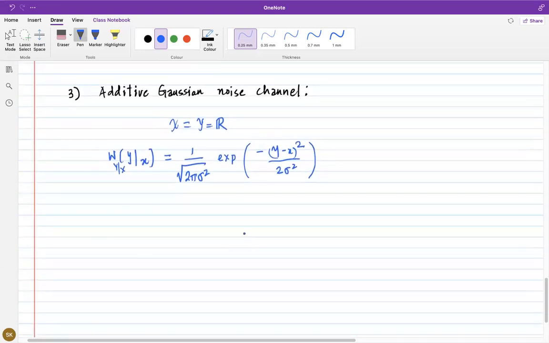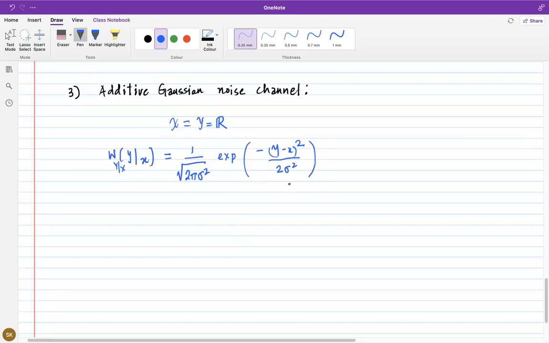Okay. So this sigma square is actually the property of this noise channel. Okay, so I should write here that this is specified by the mean and the variance, because this is a continuous distribution.